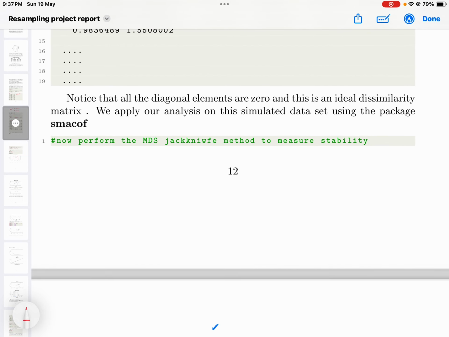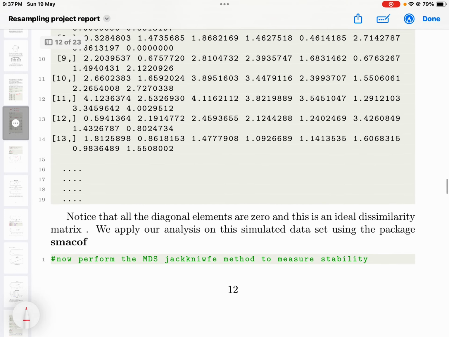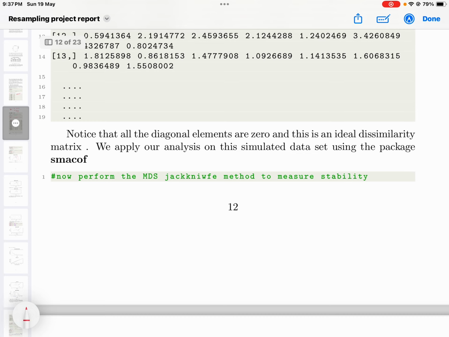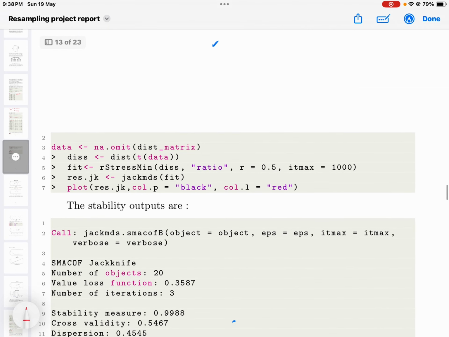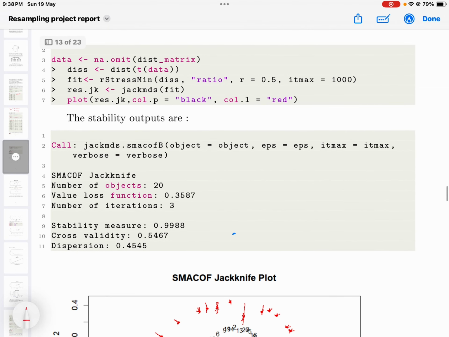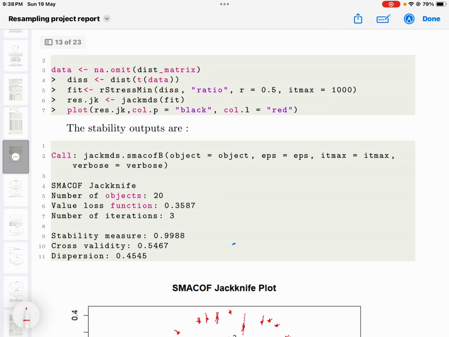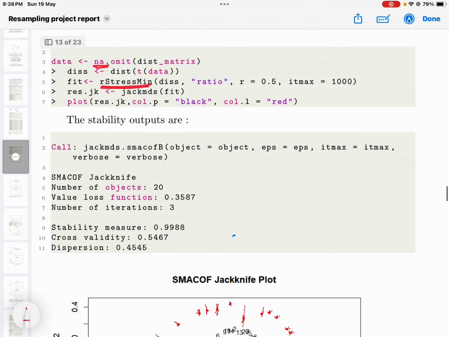Now, to apply the method discussed in our project, we took help of the following package in R, that is SMACOF. How I proceeded with the analysis was, first I looked for data which are null, so I used na.omit on my distance matrix. Then I calculated the stress function.